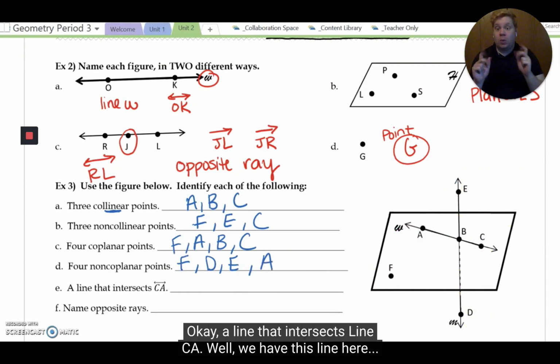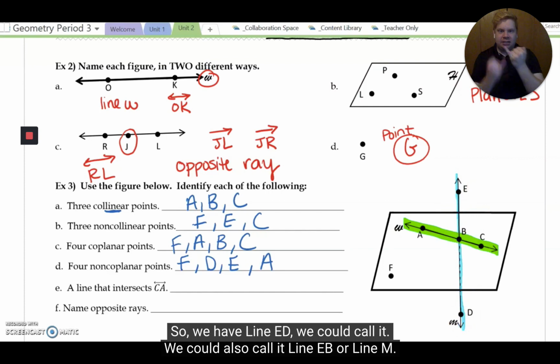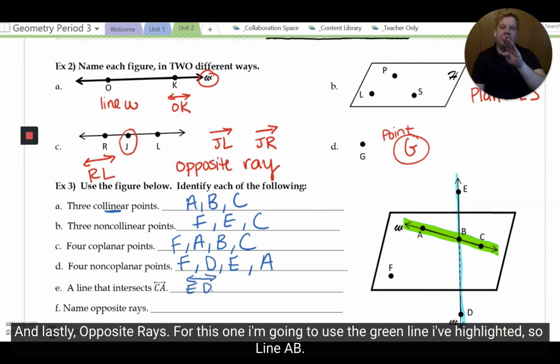Okay, a line that intersects line CA. Well, we have this line here. So we have line ED, we could call it. Could also call it line EB or line M. And lastly, opposite rays. For this one, I'm going to use the green line I've highlighted, so line AB.